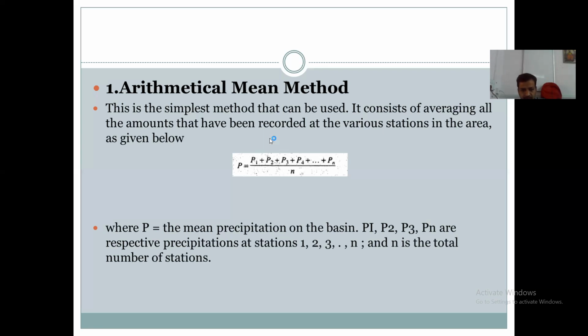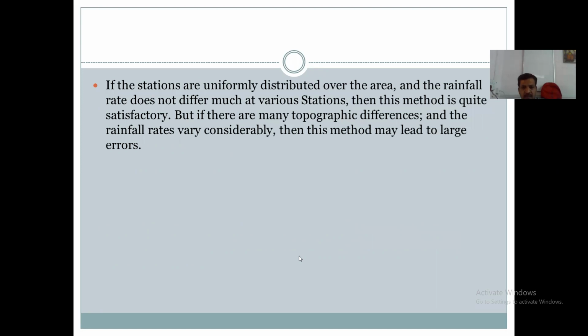That rainfall record is added together and divided by the total number of rain gauge stations to calculate the mean precipitation. This way, the average precipitation is calculated for the entire basin area.